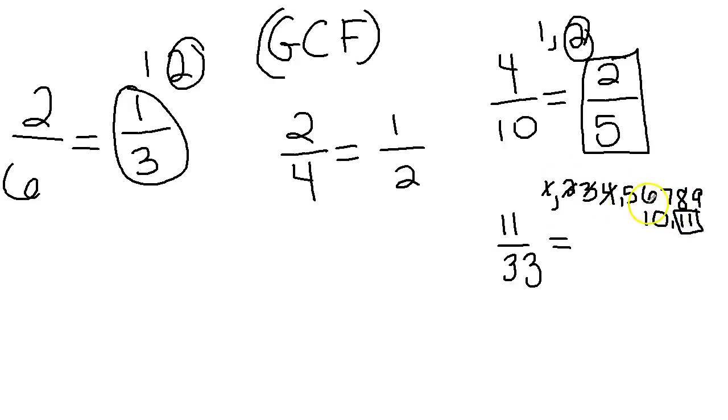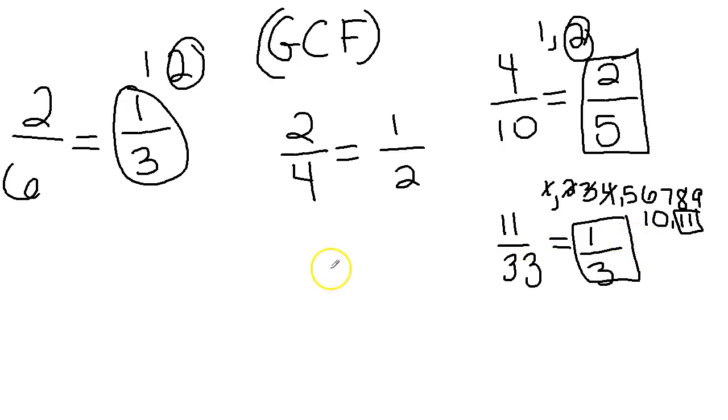Eventually, you're going to have to get used to it and do it in your head, because when you have larger numbers, you're not going to want to do that. But 11 goes into 11 one time. And 11 goes into 33 3 times. So we've just reduced 11 over 33 to 1 over 3. And that's the answer there.